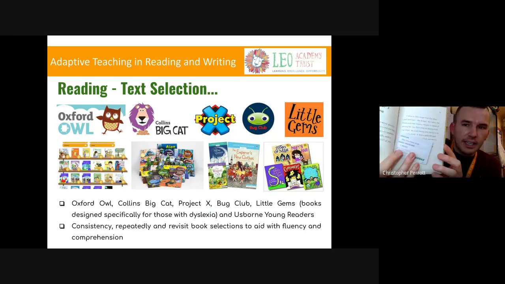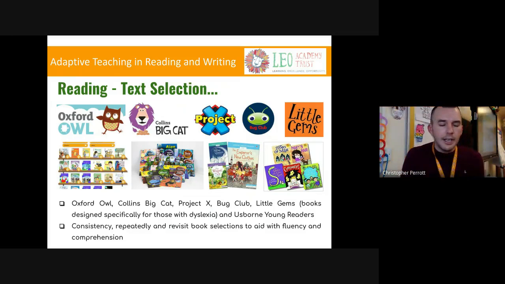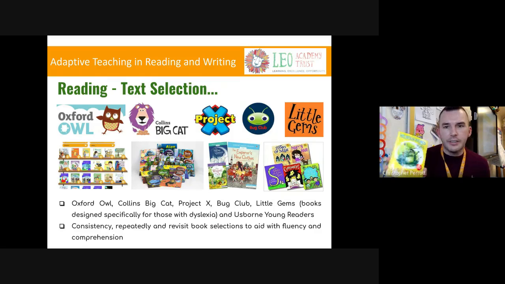Again, I don't know if you can see, because this is a very tinted yellow. And the text is written in a particular font to allow children an ease of reading as well. So have a look out for those Little Gems Barrington books.